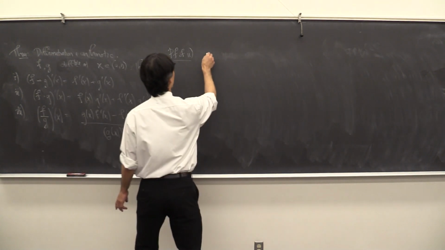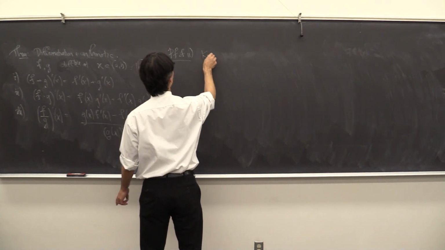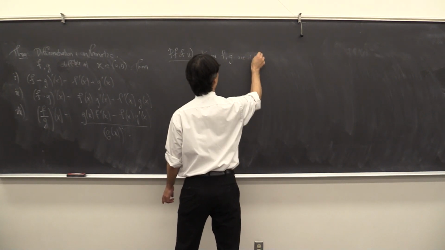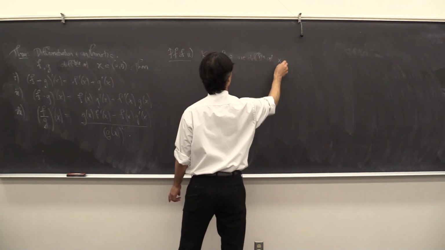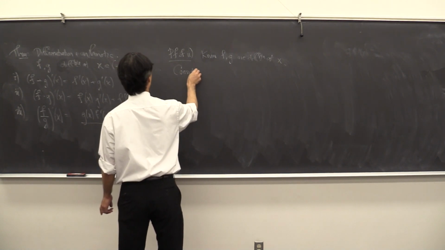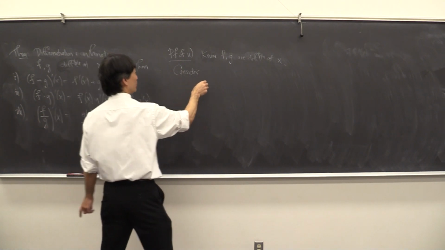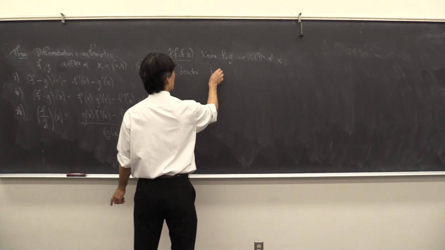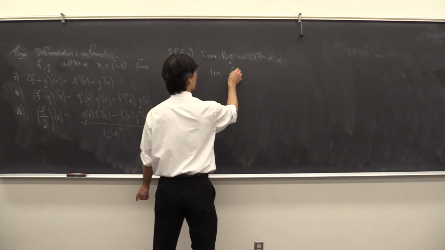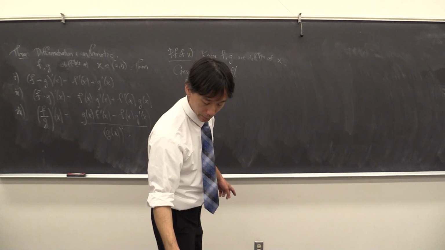So let's consider. We know that f and g are differentiable at x, and we want to look at what should turn out to be f prime g. So f g prime is going to be, what's the definition? Let me write this down.